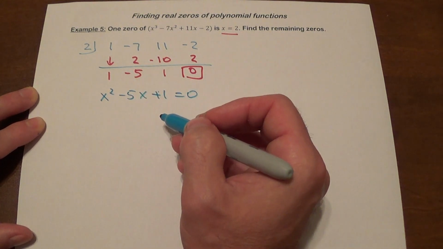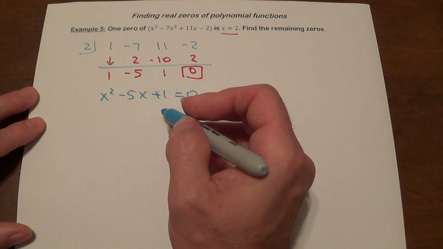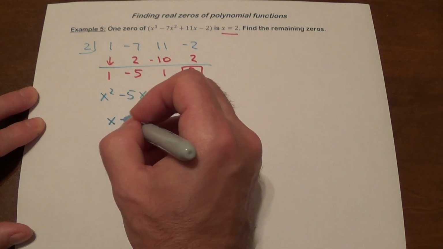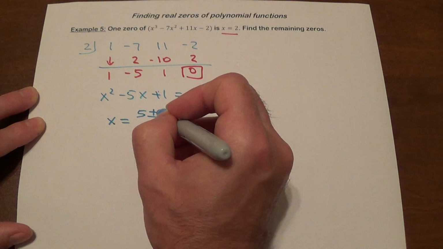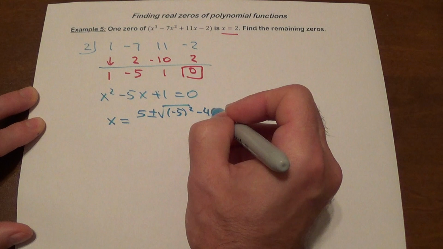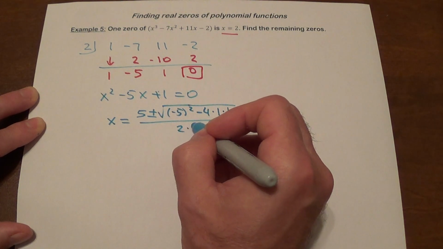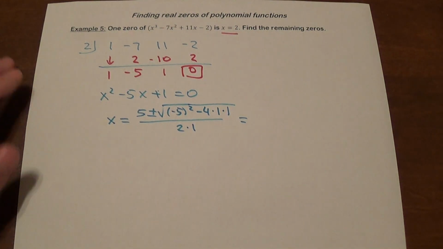This one cannot be factored. So we're going to try the quadratic formula. x equals 5 plus or minus the square root of negative 5 squared minus 4ac, divided by 2a. And let's see what we get.